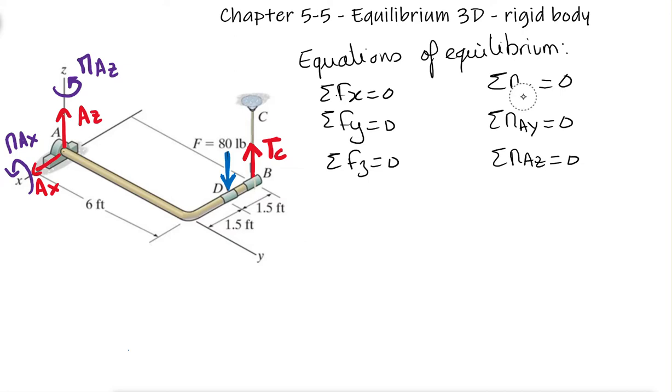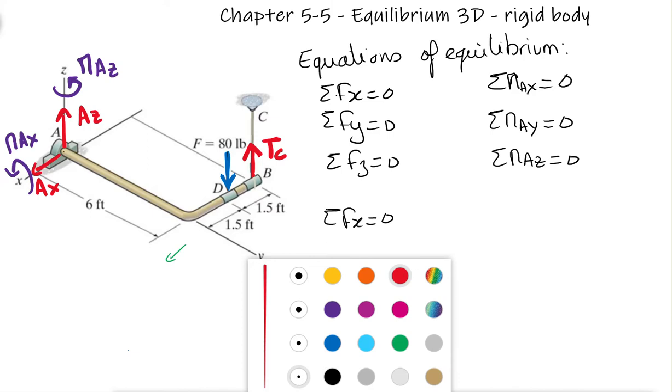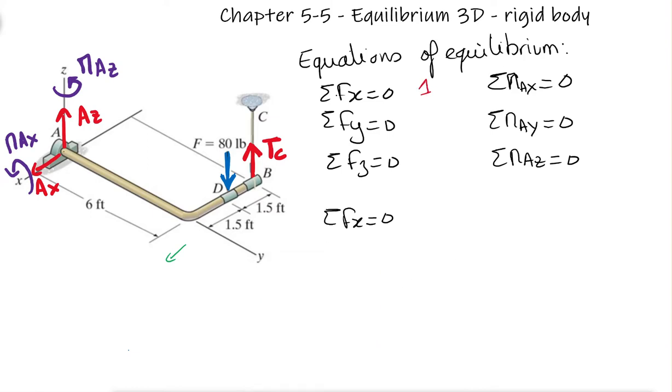So let's look at how many unknowns we have per equation. Forces on X, so that's this axis. What do we have on X? The only thing that we have is AX. So with sum of the forces on X equal to 0, it's one unknown, AX, so we can solve for AX with this equation.